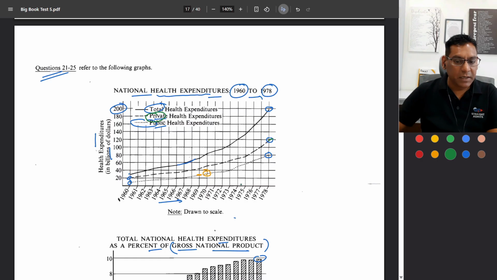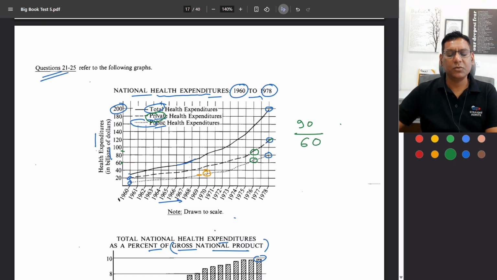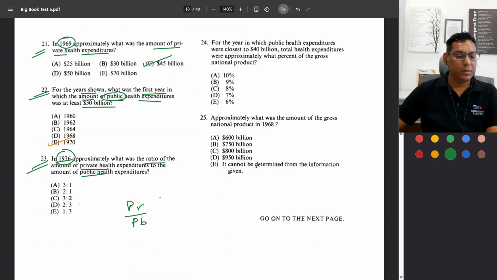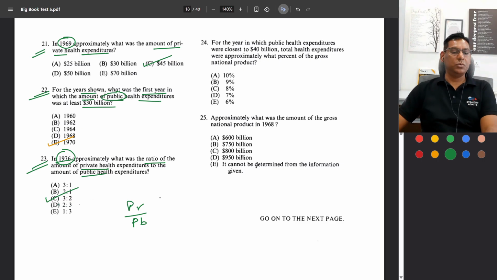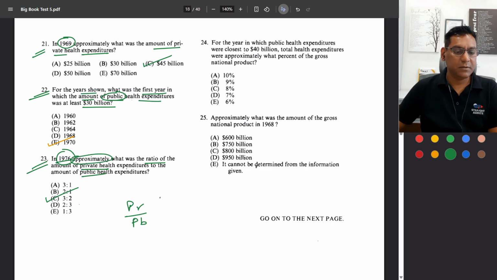Private is this graph. 1976 private was somewhere in the middle, 90. 1976 public was slightly more than 60. So let's say for the sake of simplicity 60. So the ratio would come out to be somewhere close to 3 is to 2. There is no other ratio close to 3 is to 2. They will accept this answer, right? There is no other close answer.